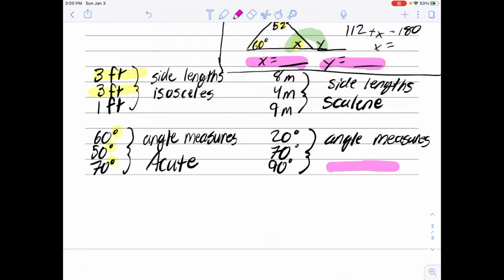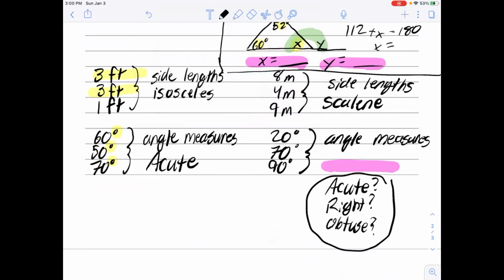And then I want you to tell me if this is acute, right, or obtuse. What type of triangle is this? So you are going to have 3 answers that you need to put into your check for Schoology in order to move on.